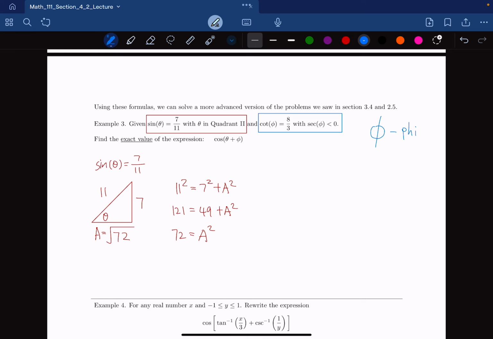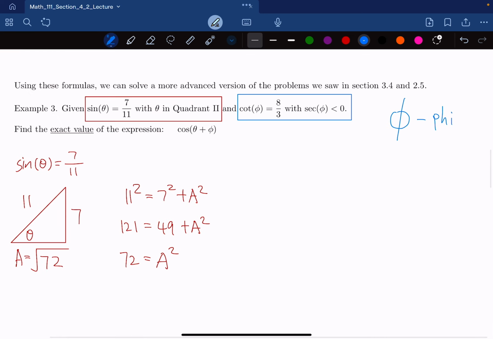Similarly, we have the same setup for the cotangent of phi. Cotangent of phi is equal to 8/3, and I construct my other triangle here. Phi.